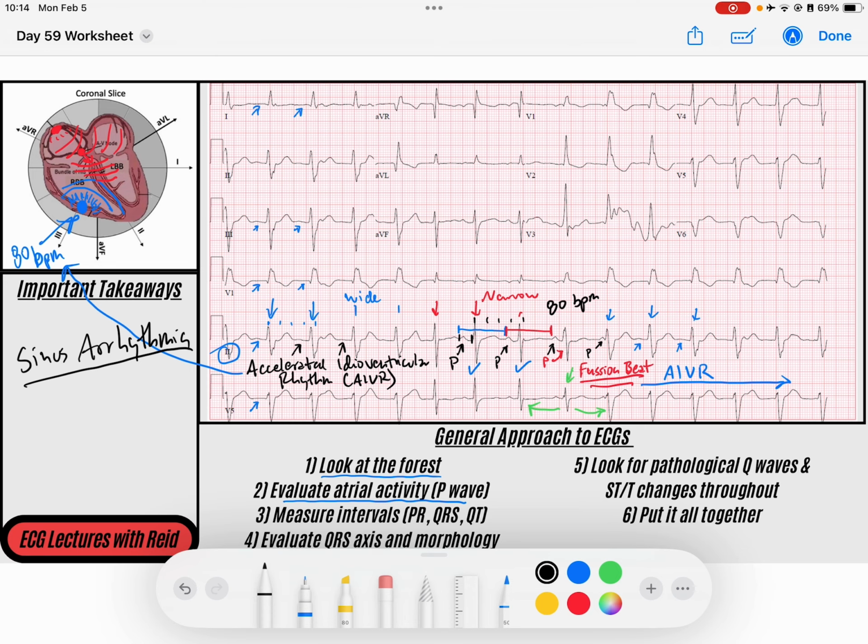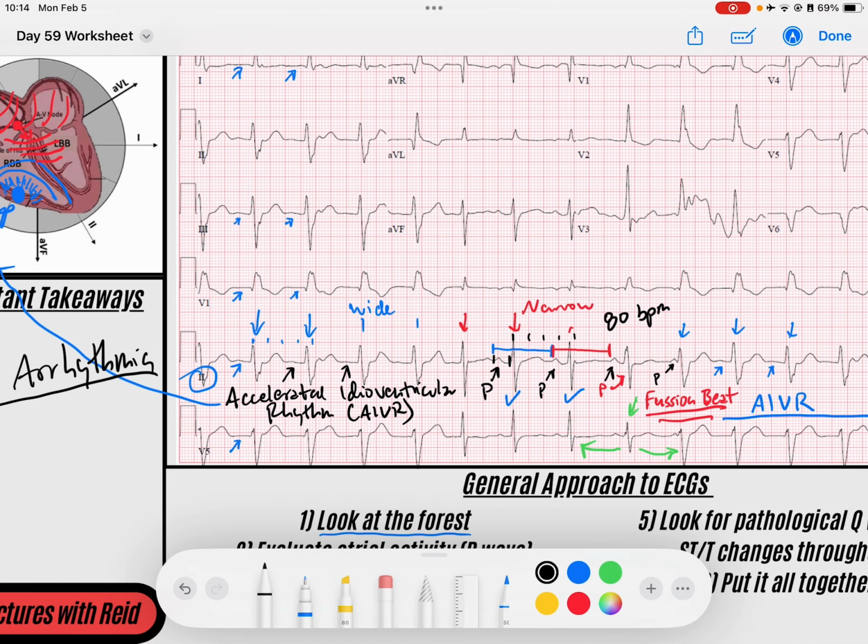So what we're seeing here is when the sinus node slows down, so here, during this first portion, the sinus node slows down. And when that happens, this focus that's in the ventricles takes over because it's firing. Its intrinsic rate is a little bit faster than the sinus node at that point.